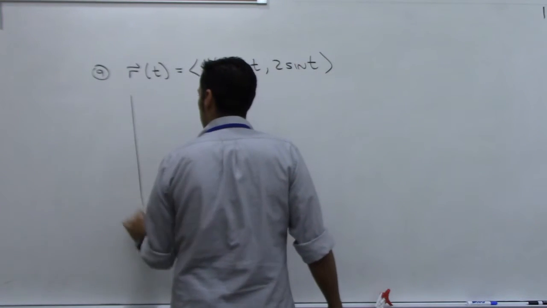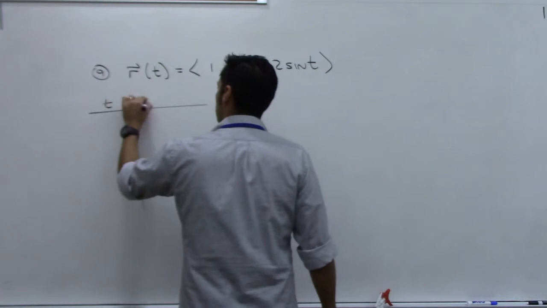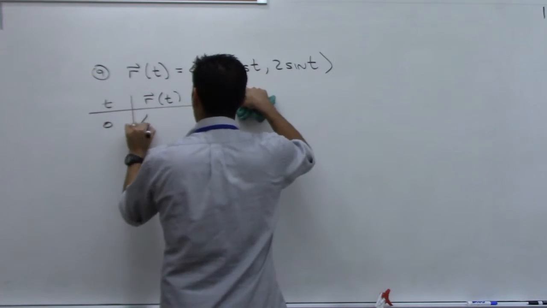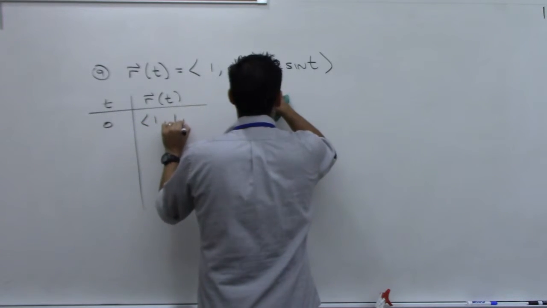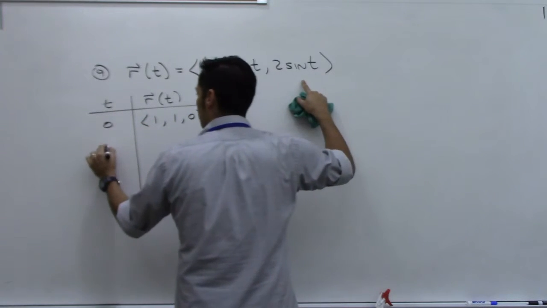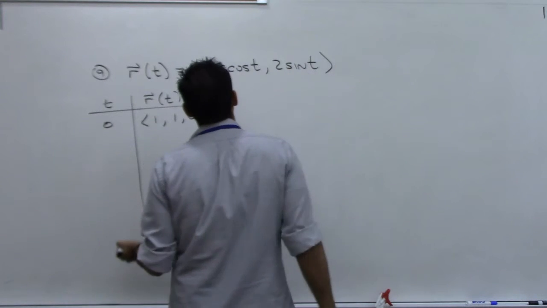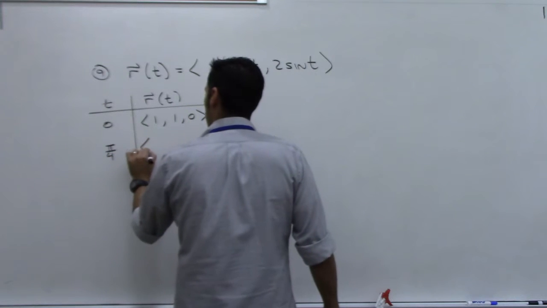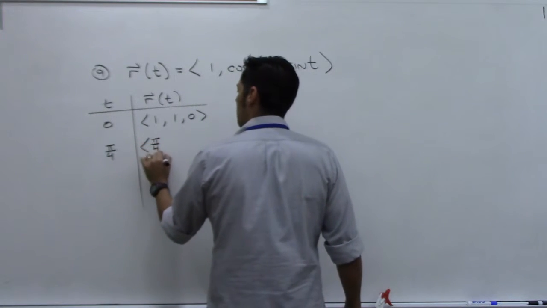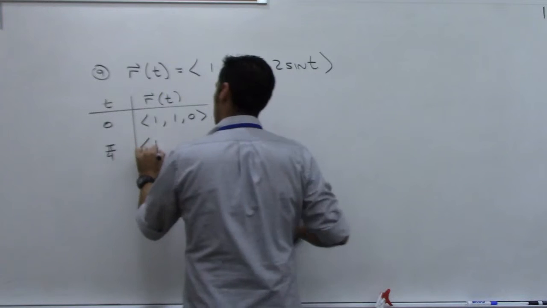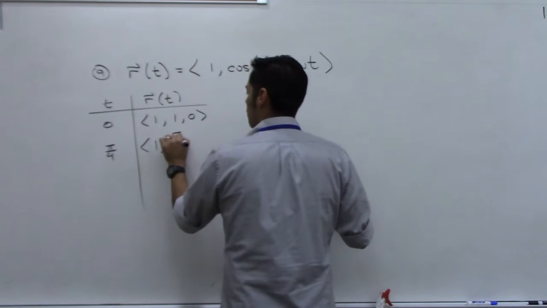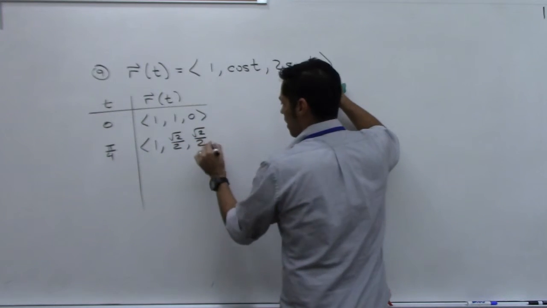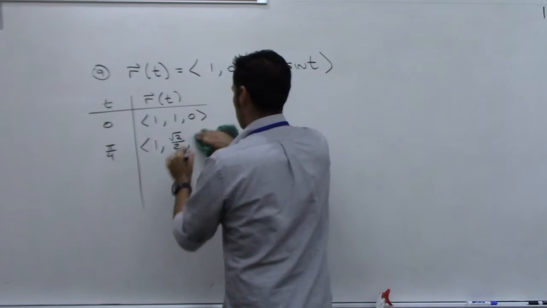If I make a table, t, I'm just going to put r of t here this time. If t is 0, I get the vector 1, cosine of 0 is 1, sine of 0 is 0, so I'm there. If I plug in, what do we want? Let's do pi over 4. I get 1, that never changes. Cosine of pi over 4 is root 2 over 2, but sine of pi over 4 is root 2 over 2 times 2, so that's just root 2.